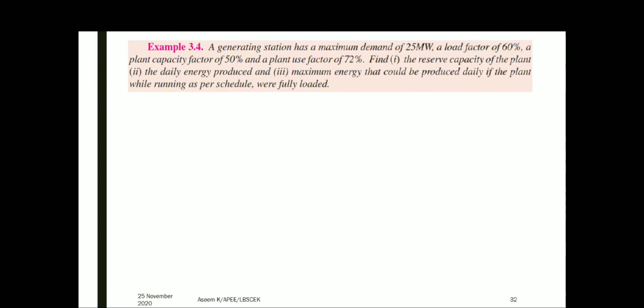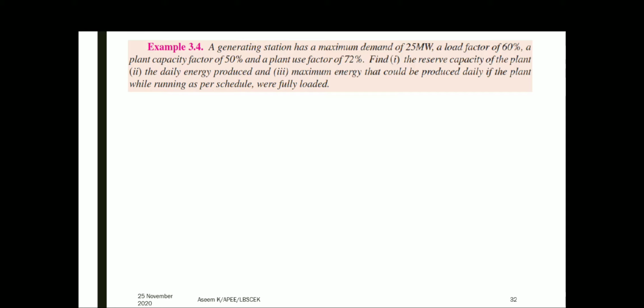Then another example: a generating station has a maximum demand of 25 megawatt, a load factor of 60%, a plant capacity factor of 50%, and plant use factor also given as 72%. We need to find out the reserve capacity of the plant, the daily energy produced, and the maximum energy that could have been produced daily if the plant, while running as per schedule, were fully loaded.